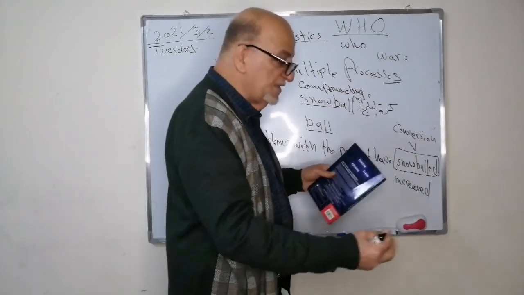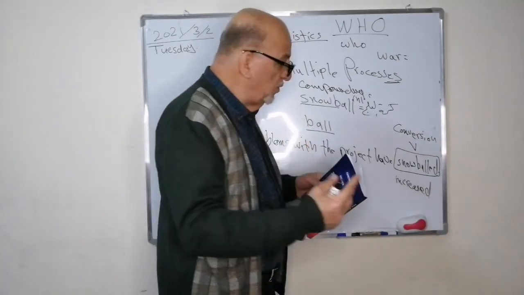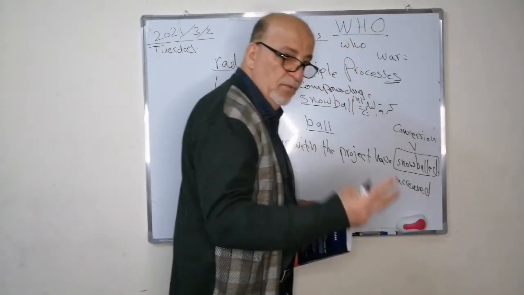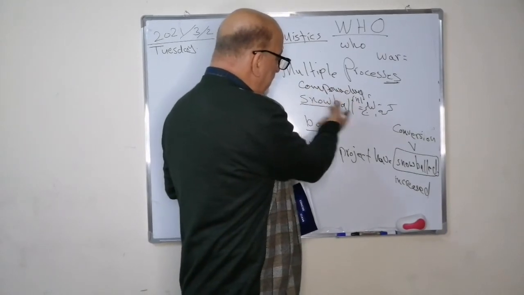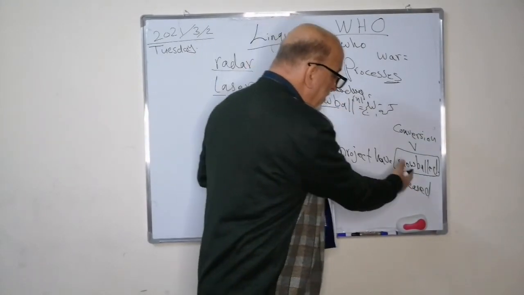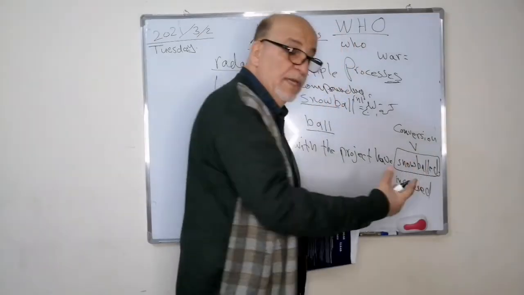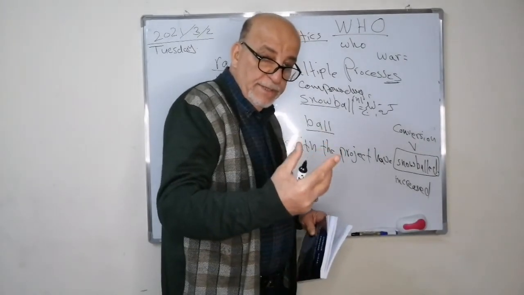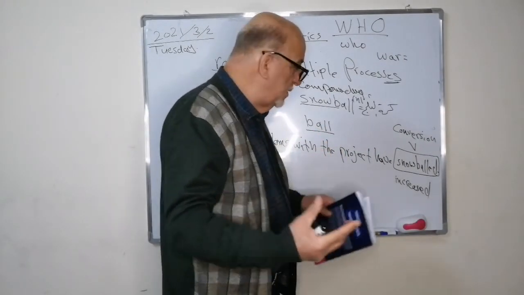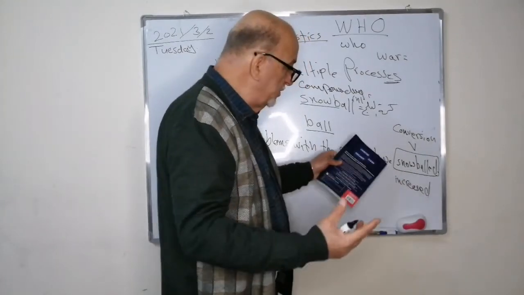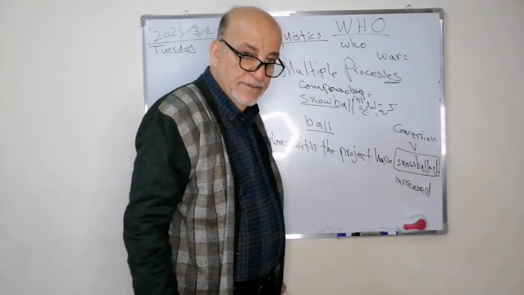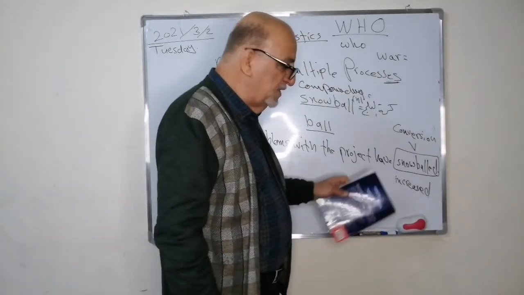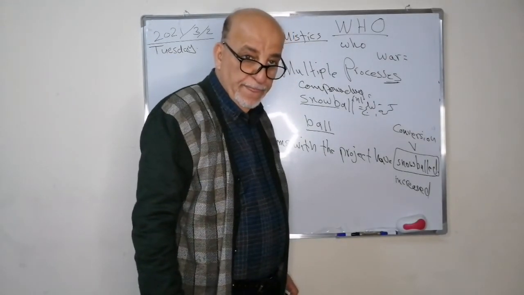So how many processes have we used in order to produce snowball as a verb? Two processes. First, compounding: we join them together and get snowball as a noun. Then I have changed the word class, or the part of speech, or the function of the word snowball from a noun into a verb, which gives me a verb, snowball, which means increased.